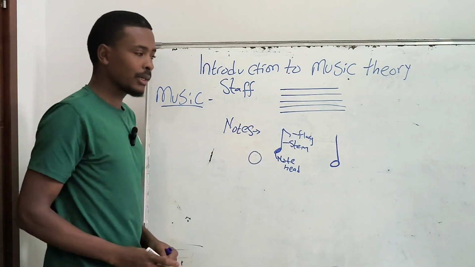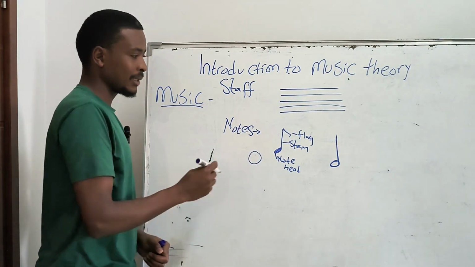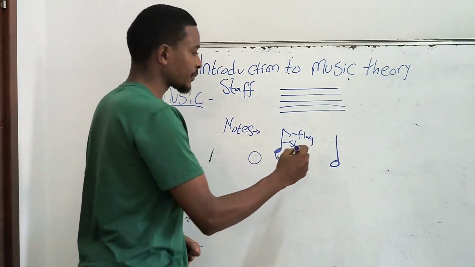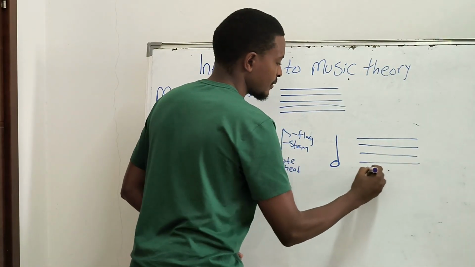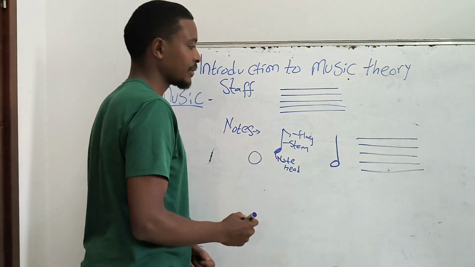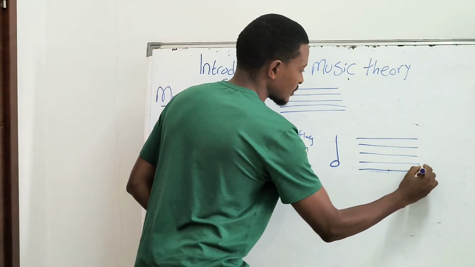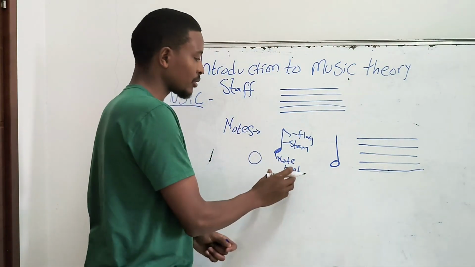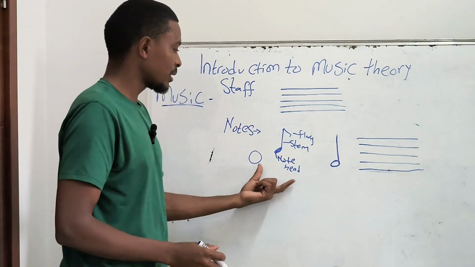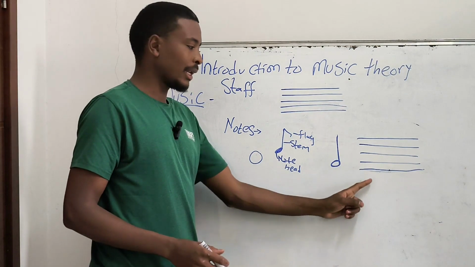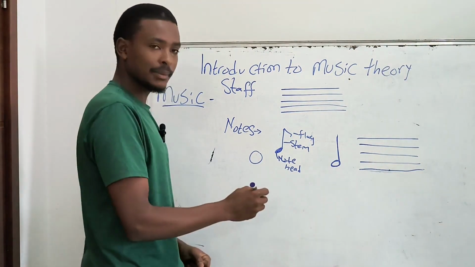Then, how do we write them on our staff? This is what we do. Have your staff, 5 parallel lines. And then we are going to write these notes, some of them on the line and some of them inside the space.